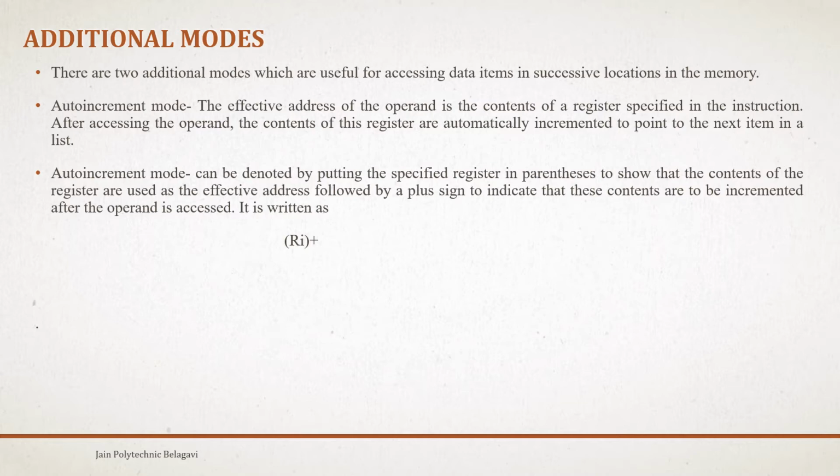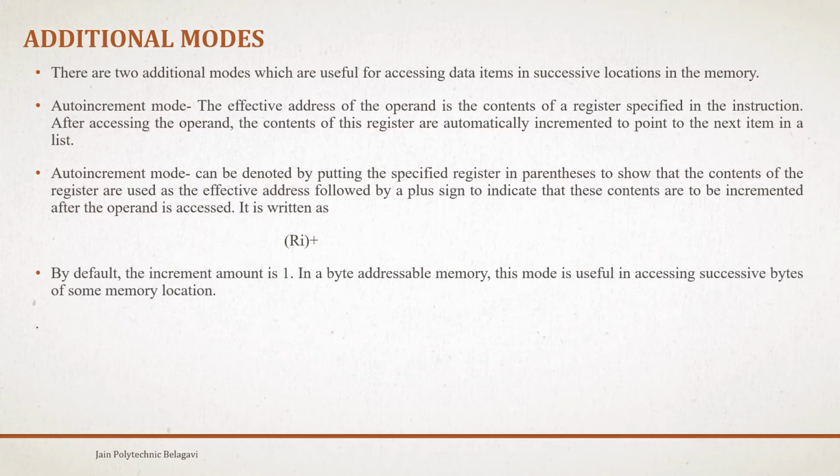So if the register is at location 20, it will be incremented to 21. Only after the operand is used will the address be incremented. By default the increment amount is 1. This mode is useful in accessing successive bytes of some memory location. So if the items are present at successive locations, we can use this additional mode.